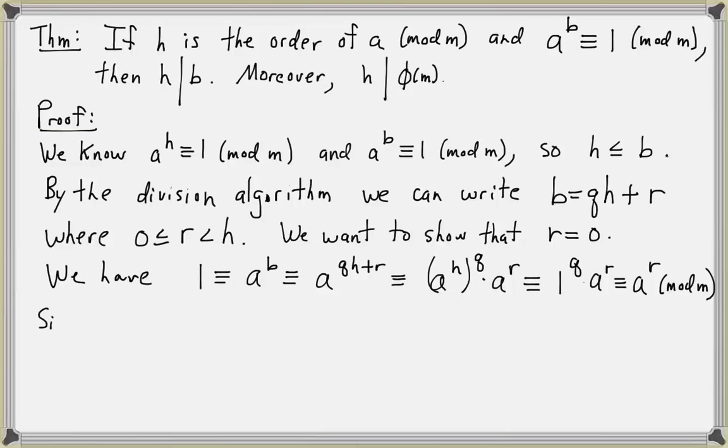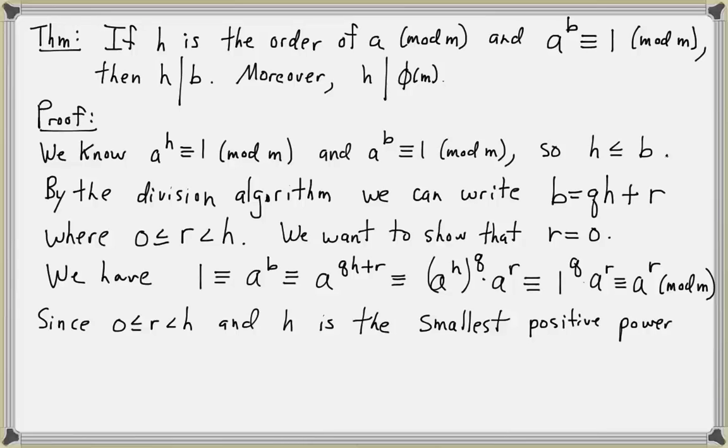So since r is greater than or equal to 0 and less than h, and h is the smallest positive power of a congruent to 1 mod m, r must equal 0.